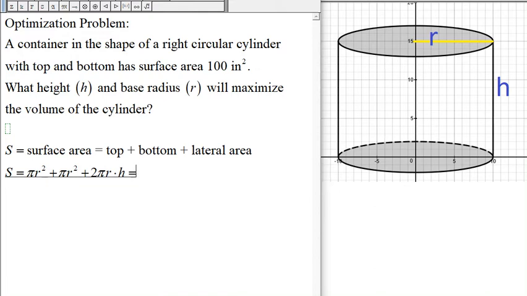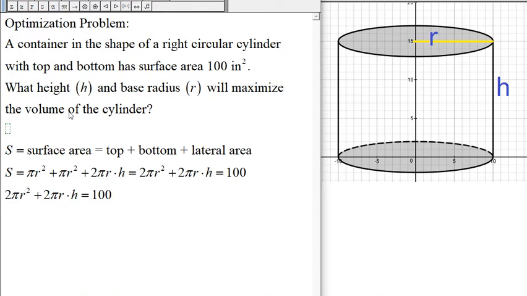Altogether, pi r squared plus pi r squared is 2 pi r squared, and then plus 2 pi r h. We're given that the surface area is 100, so S is equal to 100, and we end up with this equation right here.